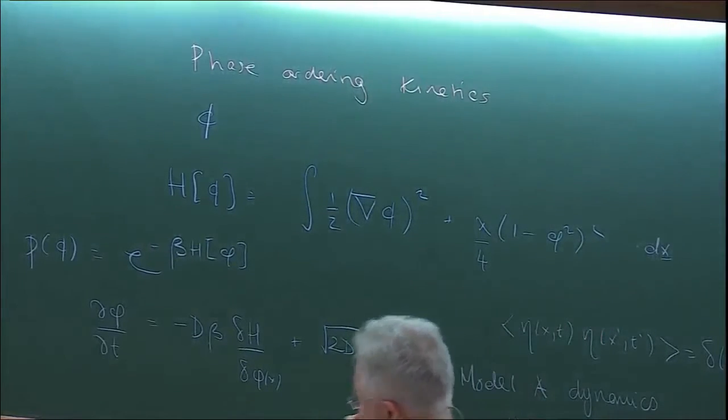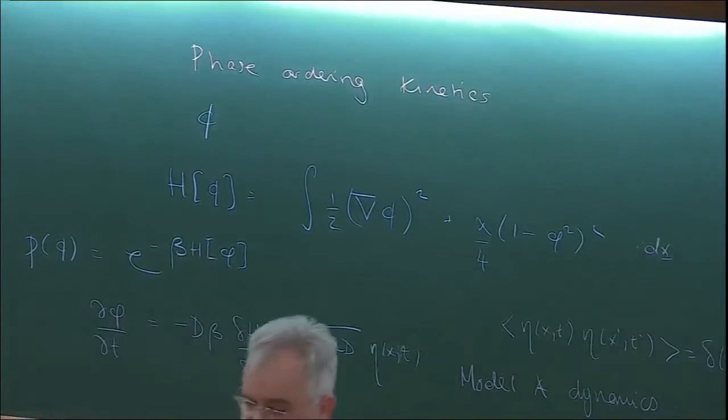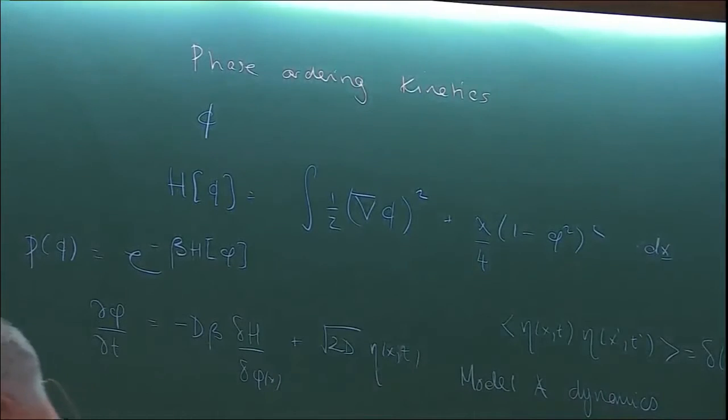The problem with that is, if phi really was an order parameter, and your underlying model was a lattice model where particles move on a lattice, you can imagine an Ising model where the ones and minus ones move around on a lattice, then the overall magnetization would be conserved.